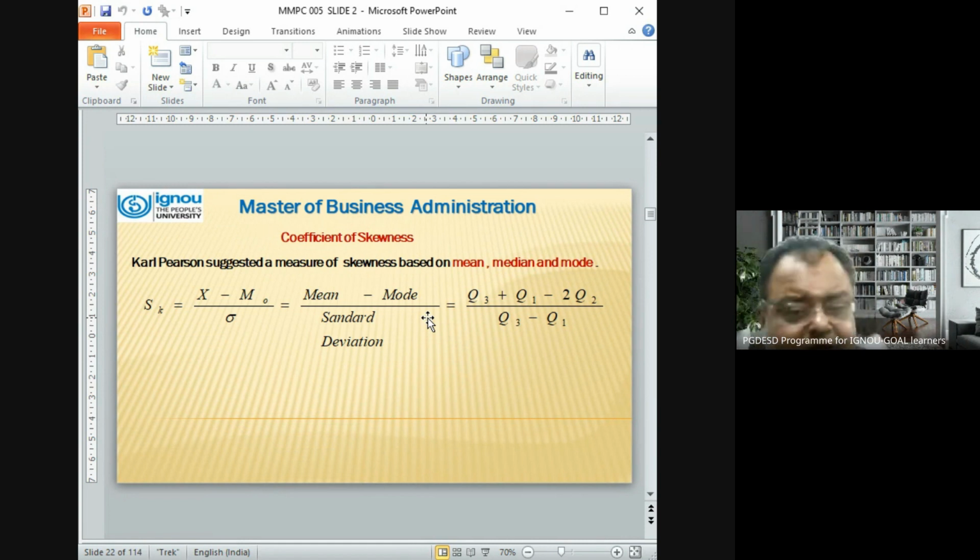First formula, coefficient of skewness is x minus m naught upon sigma, which is equal to mean minus mode upon standard deviation, which is equal to Q3 plus Q1 minus 2 times Q2 upon Q3 minus Q1. Depending upon what is given to us in the problem and what has been asked to calculate, we will be using the formula accordingly.